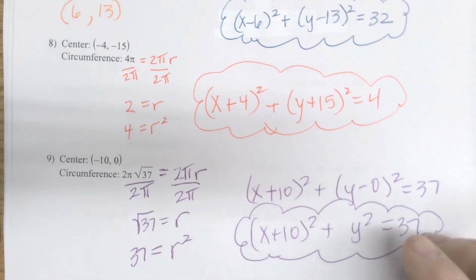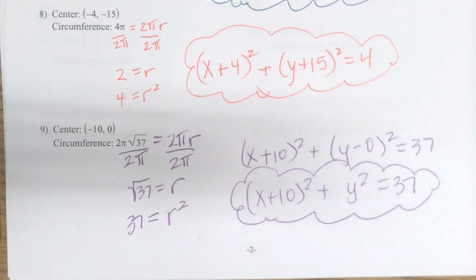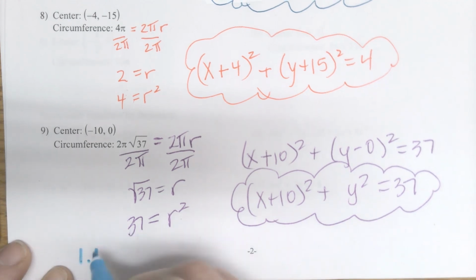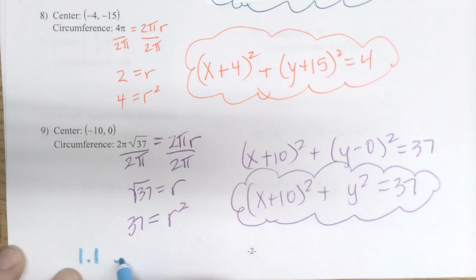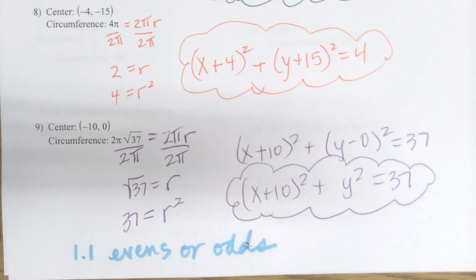Now, as for homework, you got your homework packet in the information that I gave you last week. In that homework, you'll notice that it's a full packet. You need to look at the part that is 1.1, and you need to do evens or odds. I don't care what you choose to do, evens or odds.